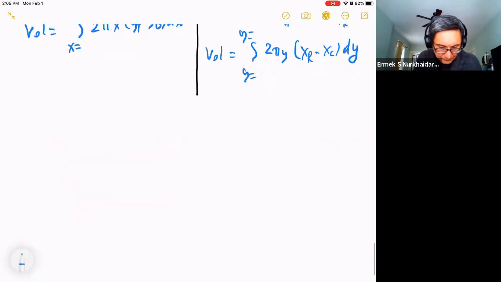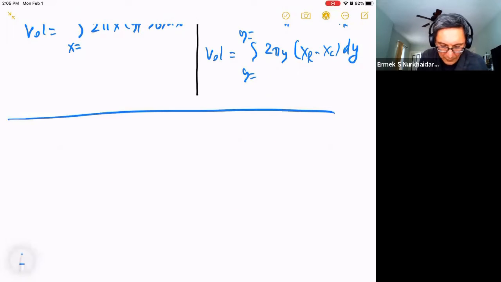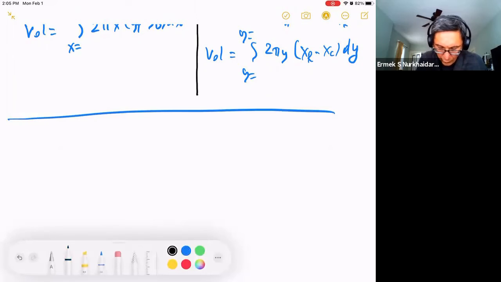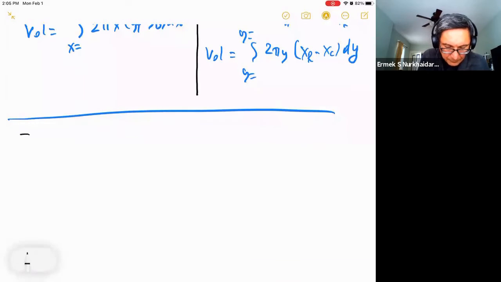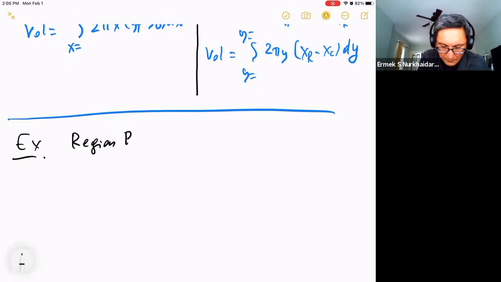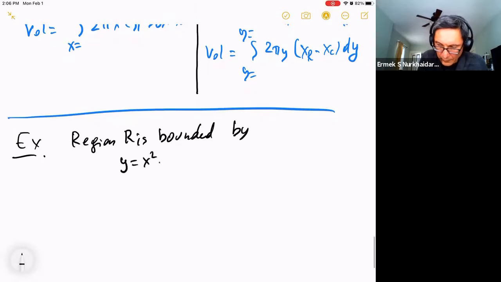Let's do one or two quick examples. Region R is bounded by y equals x squared, x equals 1, x equals 2, y equals 0.